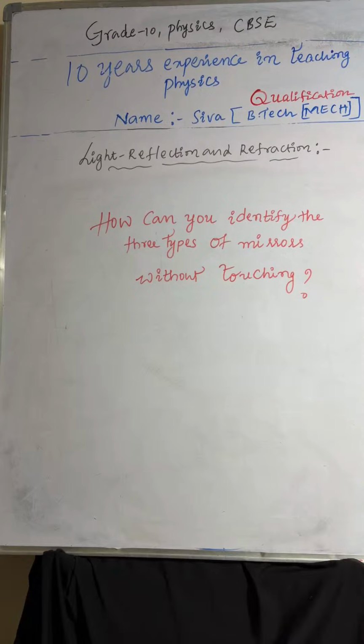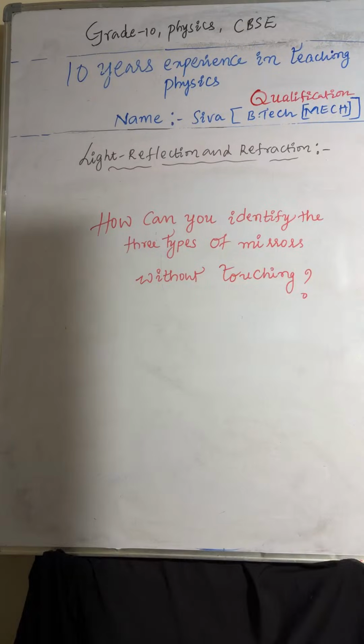How can you identify the three types of mirrors without touching them? Normally by observing the images, we can identify the mirror. In a plane mirror, what type of image will we get? The first one is the plane mirror.